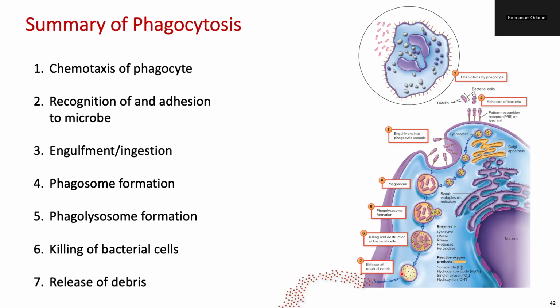After cutting it into pieces, it releases everything out of the cell. So basically, that's what I just described. That is the whole process of phagocytosis. I'll be moving on and discussing every single step in detail.